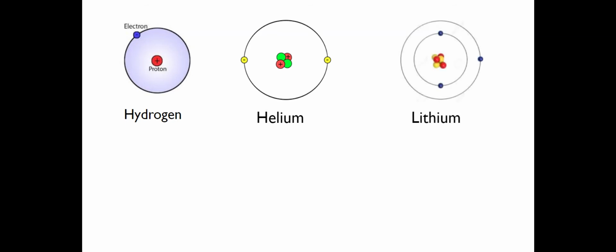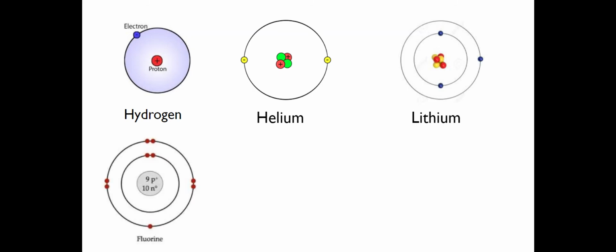So now we have lithium. Lithium is number 3 in the periodic table, which means it has 3 protons and 3 electrons. The first energy level can only host 2 at the maximum, so you have to put the other one in the second energy level. Now we have fluorine, which is number 9 in the periodic table, which means it contains 9 protons and 9 electrons.